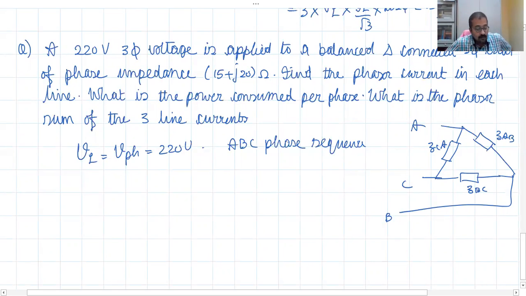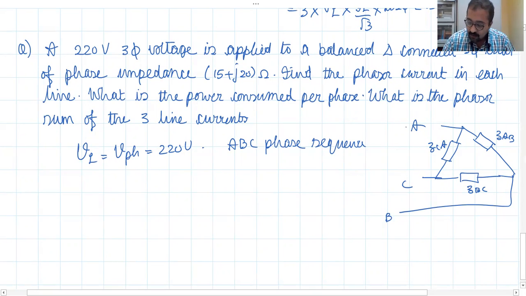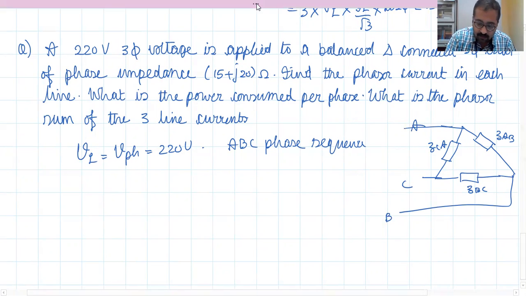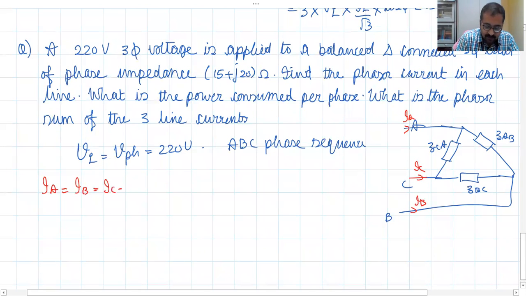Question is to find the phasor currents in the line. That means you have to find the line currents, which are IA, IB, and IC.